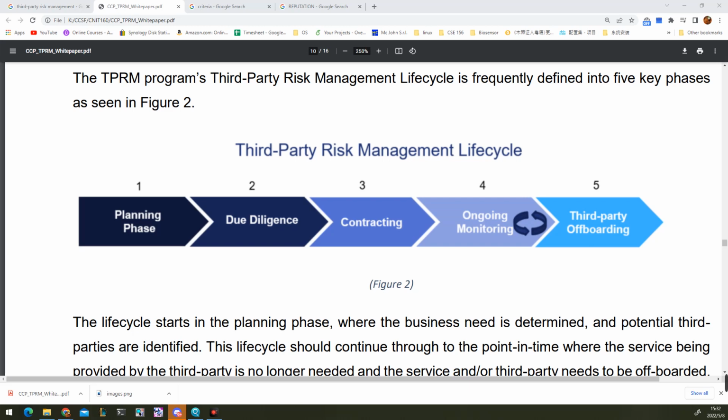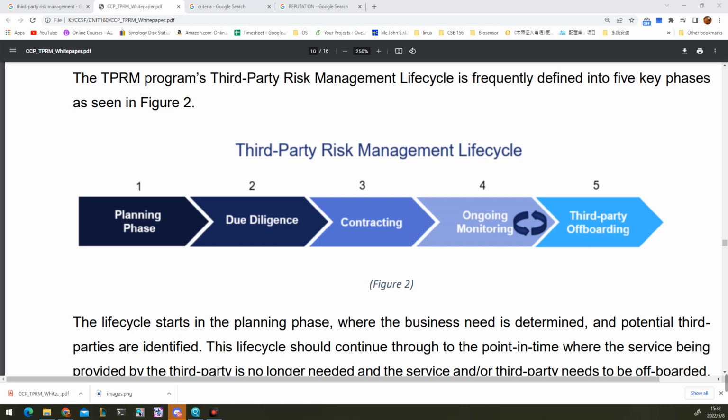A performance evaluation could include a review of performance against established SLAs. So we can grade the third party: they get a good grade if they do the best, and if they do very badly, we lower the grade. If the grade is too low, it means a fail.